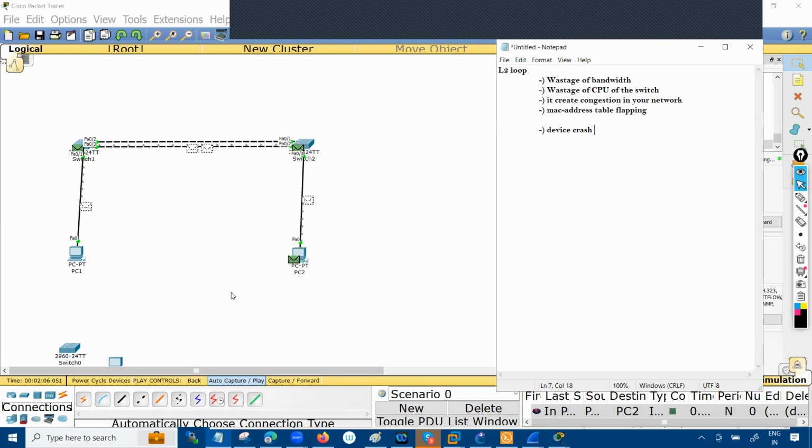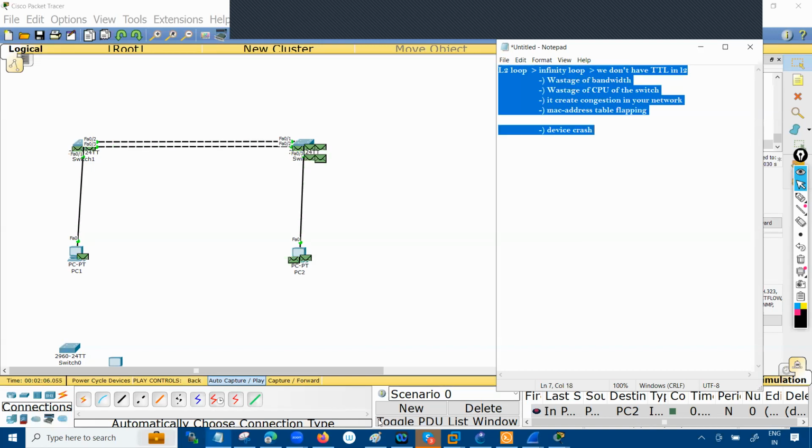So that's the problem with the layer 2 loop. And it's an infinity loop because there is no mechanism. We have a TTL in layer 3, but we don't have a TTL in layer 2. That's the biggest issue of the layer 2 loop.